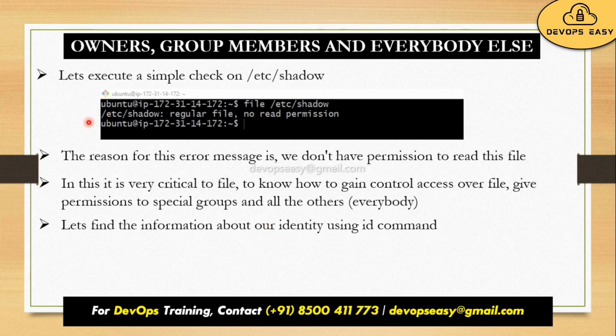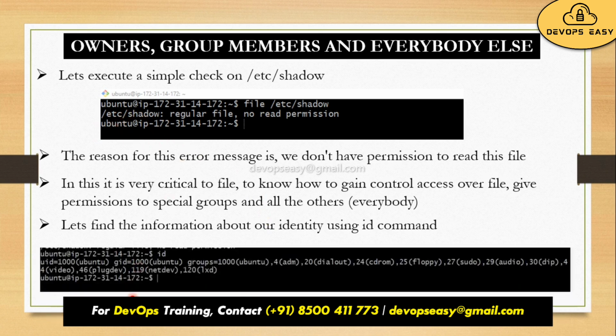I want to find the information about my Ubuntu user. How to do that? You just execute id. Whenever you create a virtual machine, your user will get an ID, the UID, user ID. For Ubuntu it is 1000, the group ID is 1000, and they are part of multiple groups.